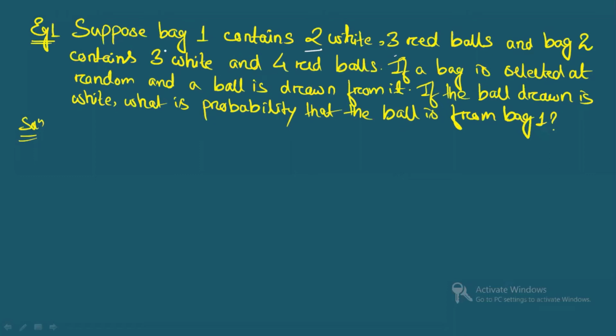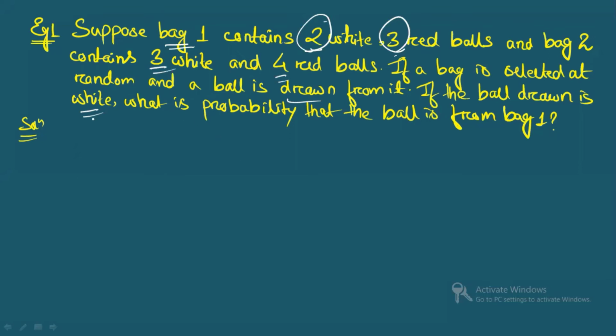Bag 1 has 2 white balls and 3 red balls. Bag 2 contains 3 white and 4 red balls. If a bag is selected randomly and one ball is drawn from it, and the ball which is drawn is white, then you will have to calculate the probability that the ball is drawn from bag 1. This is what you will have to find.